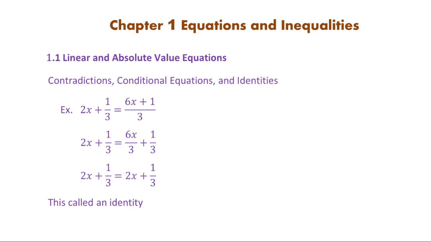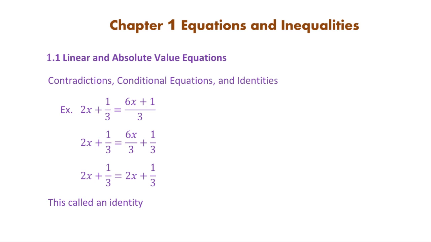Okay. And then you can simplify 6 with 3, you get 2, cancel them. So now you can cancel it. See? So on the right side, we get 2x plus 1/3. But if you look at the left-hand side, it starts from 2x plus 1/3 also. So you see exactly the same thing. And that really doesn't matter what the x value is, because they're always the same.